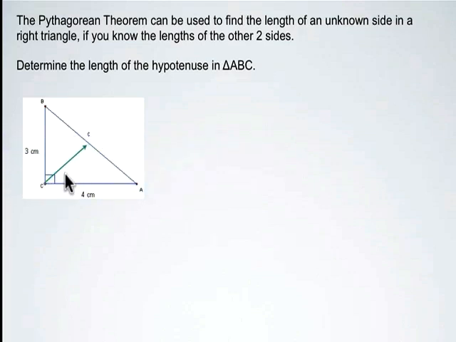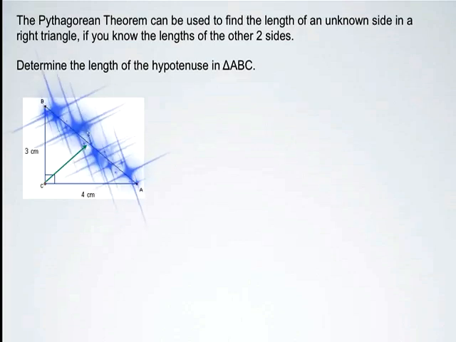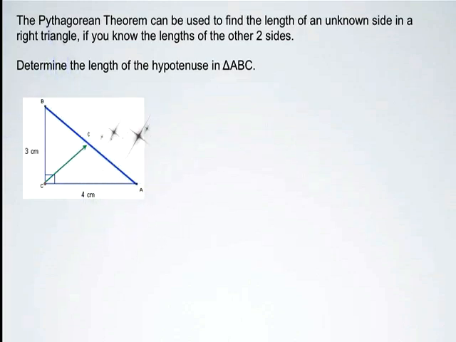So first you identify the hypotenuse, and the hypotenuse here is side AB. And so we're given here this side, which is BC, and we're going to call that side a, and a is 3 centimeters.